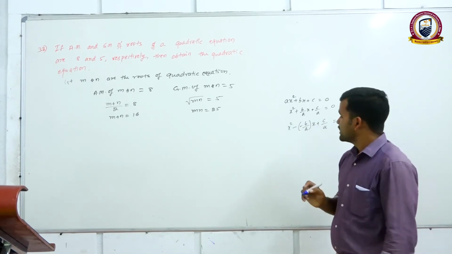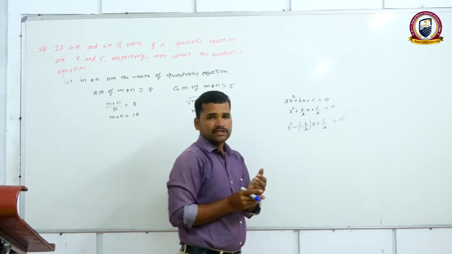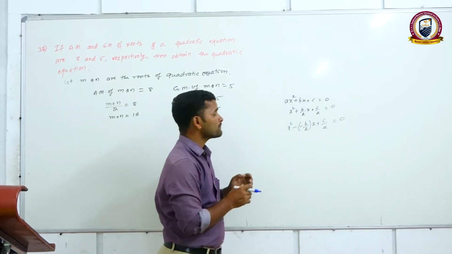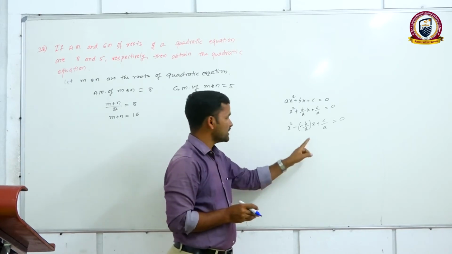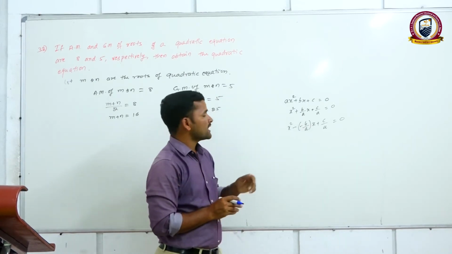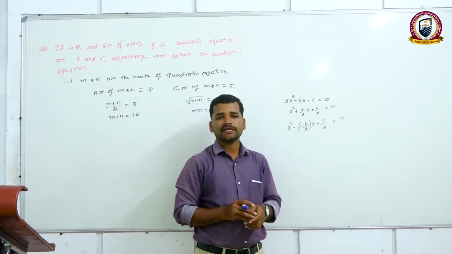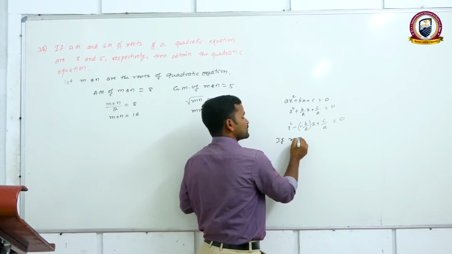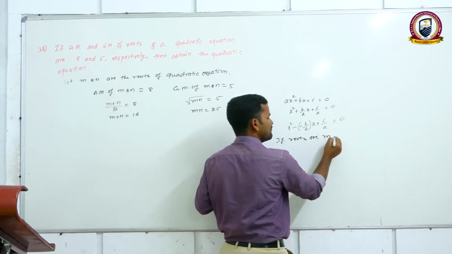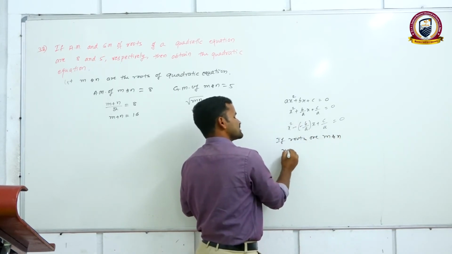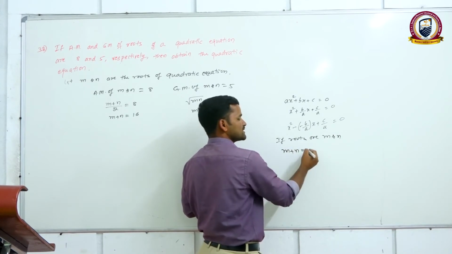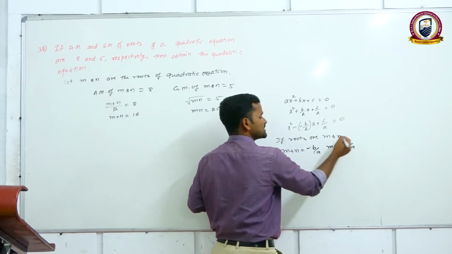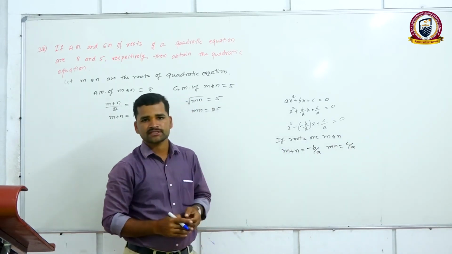See, if you find the roots of the quadratic equation ax square plus bx plus c equal to 0, sum of those roots will be minus b by a and product of those roots will be c by a. I hope that concept you know. If roots are m and n, here I have sum of roots m plus n is equal to minus b by a and the product of roots is equal to c by a. This is the concept of quadratic equations.